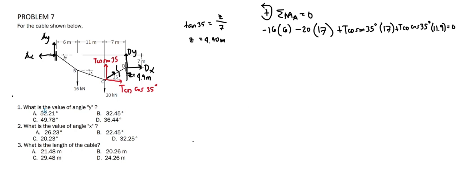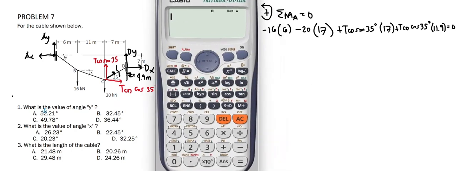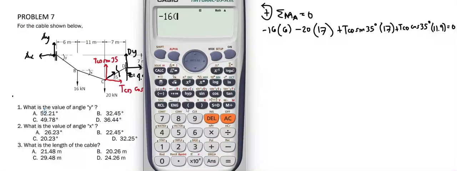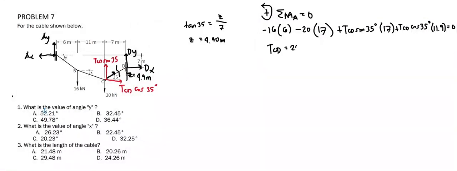And we can solve for tension CD. Here we have CD is equal to 22.36 kilonewtons.